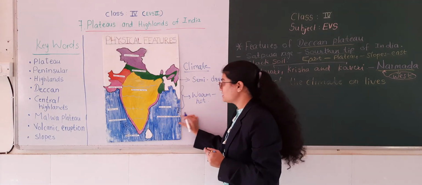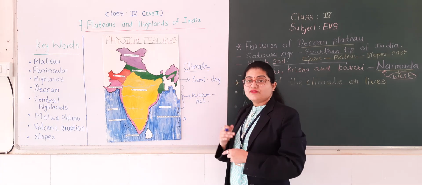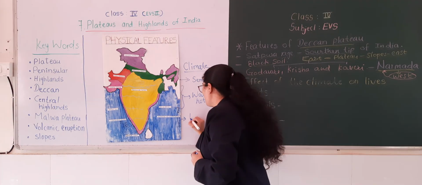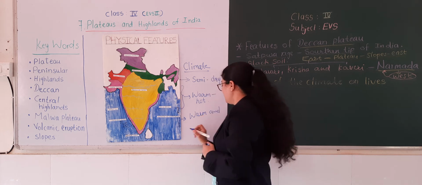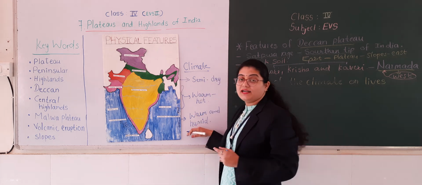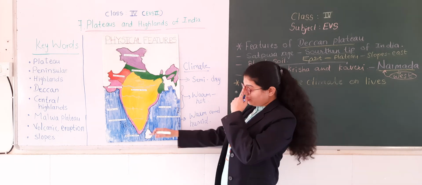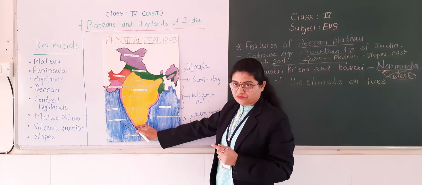Now to the southern tip of India, we experience warm and humid atmosphere. Which type of atmosphere do we have here? Warm and humid atmosphere we experience the whole year.